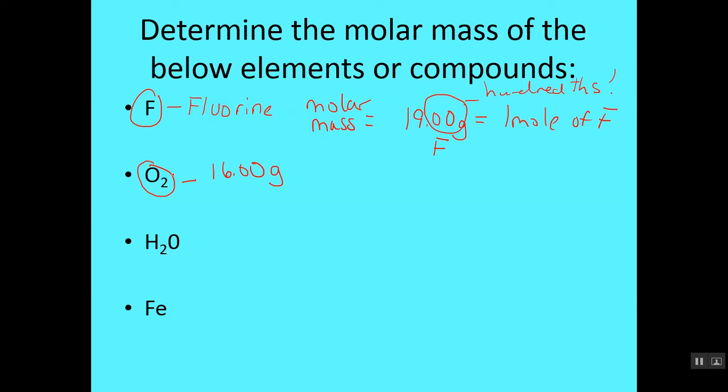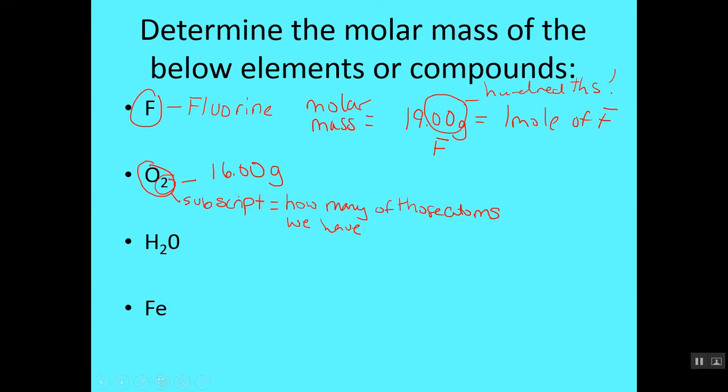Notice this little 2 here. This little 2 is called a subscript, and what it tells us is how many of those atoms or that substance we have.